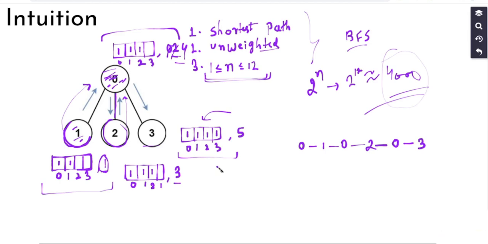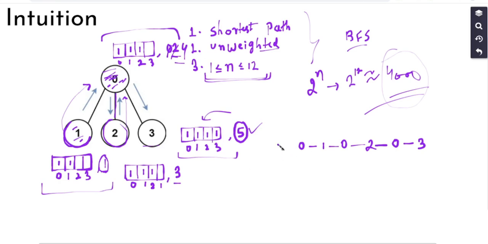That means we have at least one path through which we have visited all the nodes, and this is the length of that path. Fine. So if we start from node number 0 and start visiting the nodes, then the path that we obtain will have length of 5, which visits all the nodes of the given graph.